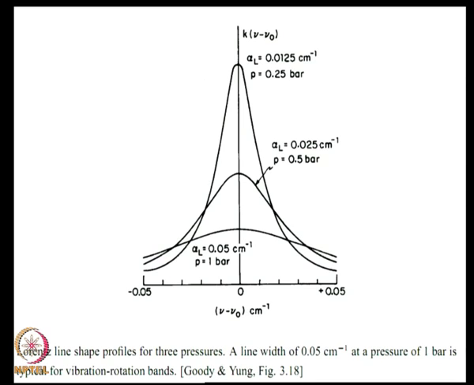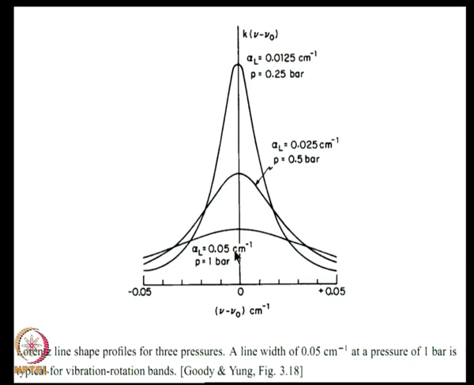And this figure shows the important effect of pressure on the line width. You can see that the line width, which is only 0.0125 centimeter minus 1 at low pressure like 1/4 bar, as the pressure is doubled, the line width is doubled, and again pressure is doubled, line width is doubled.